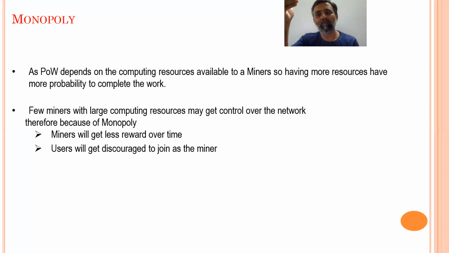If you see the Bitcoin blocks available in the public domain, you can see 5 to 10 major players dominating the network. This is the important criticism we have for PoW. A few miners with large computing resources may get control over the network. Because of this monopoly, users will get discouraged from joining as miners, and miners will get less reward over time.